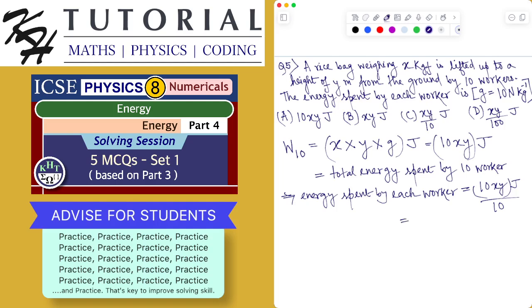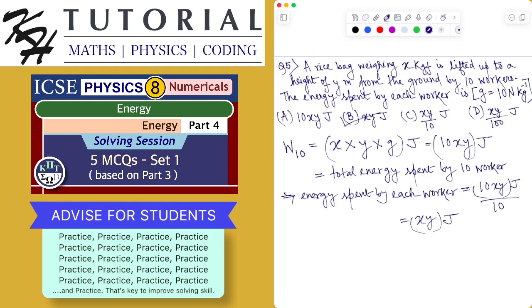So this is nothing but xy joule. So xy joule is the energy spent by each worker when 10 of them lifted the rice bag of mass x kilogram to a height of y meter. So the correct choice is B.